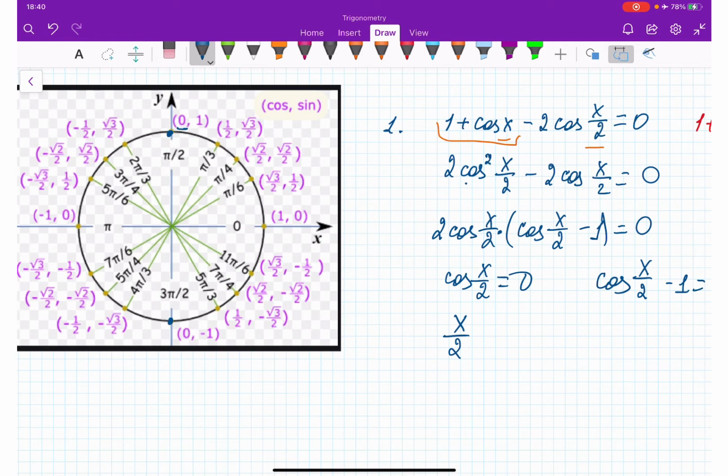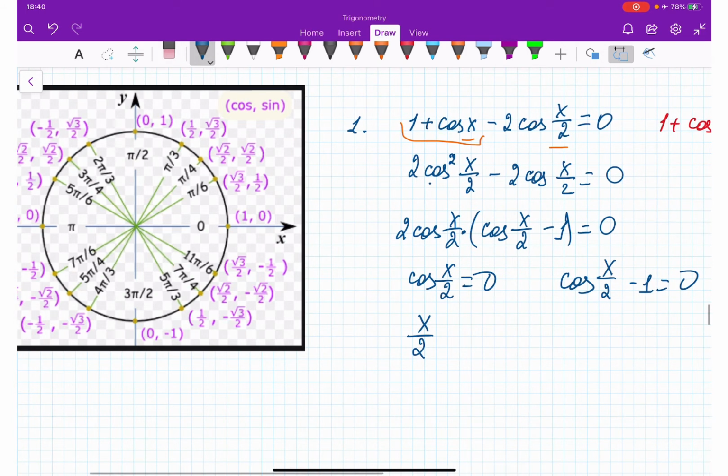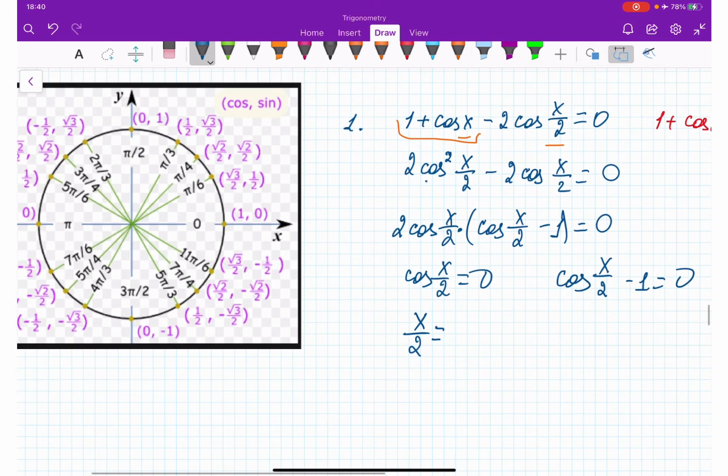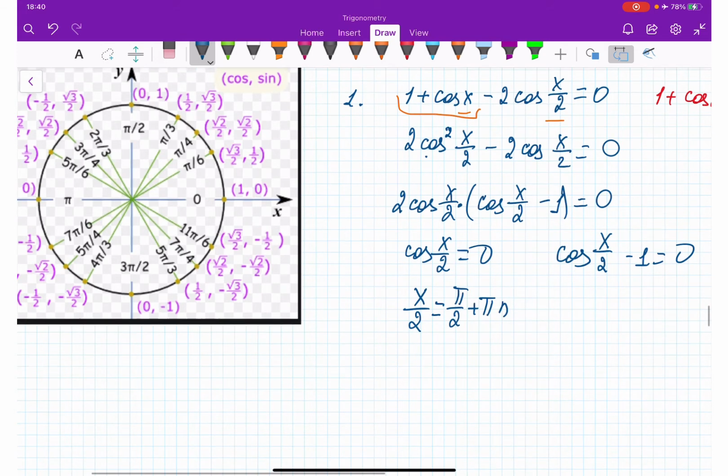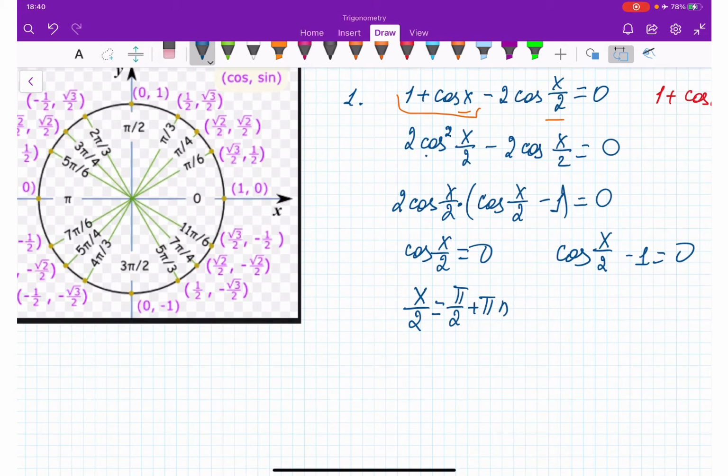So plus pi, 180 degrees, and then plus another 180, as many times as we want. Which means x over 2 is equal to pi over 2 plus pi n, right? And from here, x is going to be equal to pi plus 2 pi n.